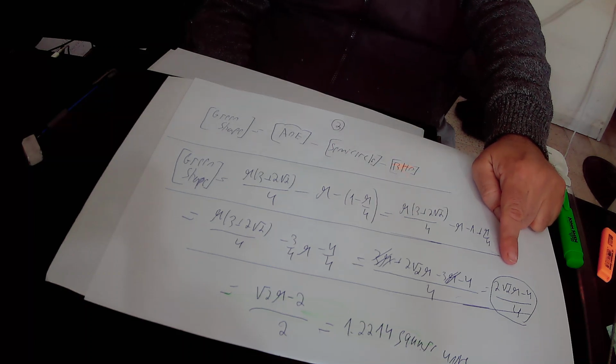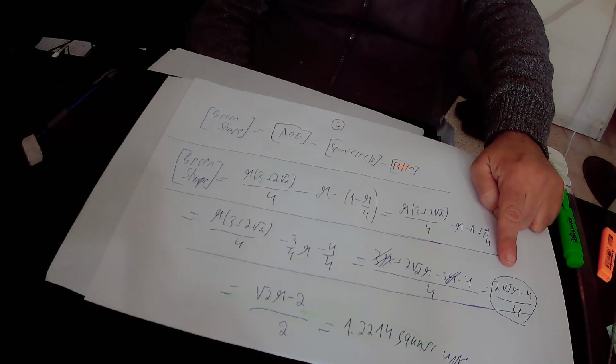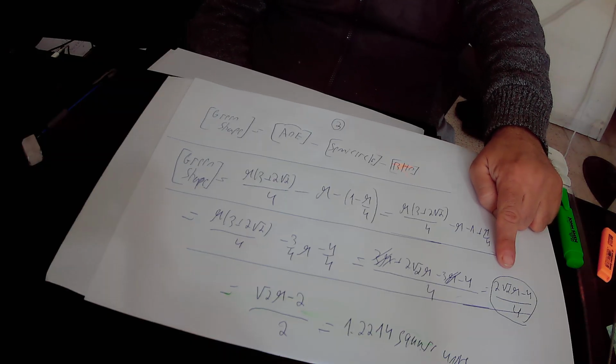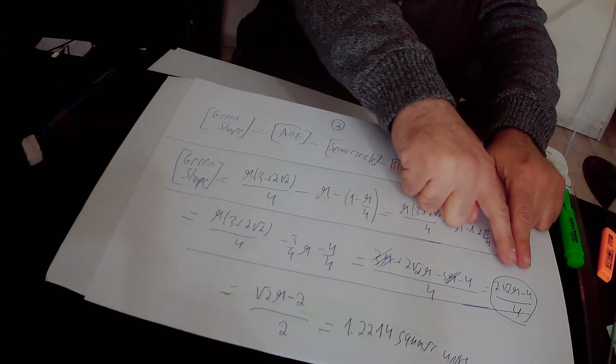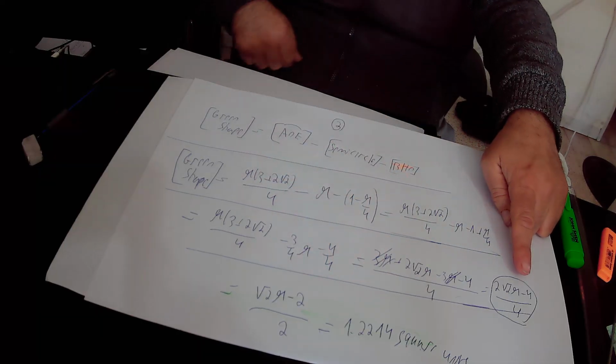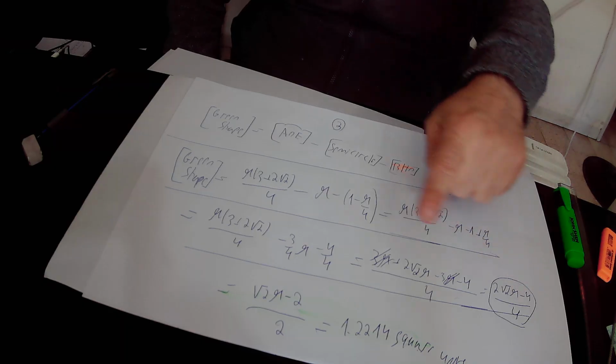Here we divided both the numerator and the denominator of this expression by 2. So here 2 times square root of 2 pi over 2 is square root of 2 times pi, and minus 4 over 2 is minus 2, and we have to divide the denominator of 4 by 2, so 4 over 2 is 2.